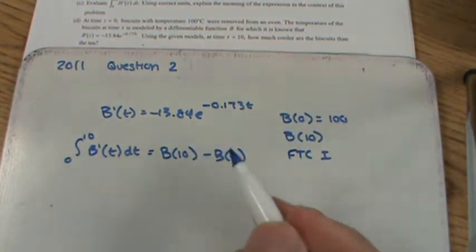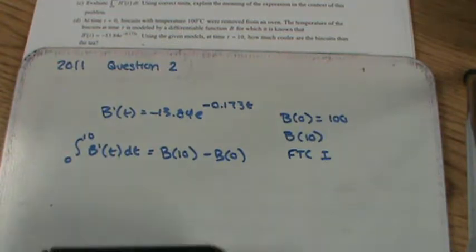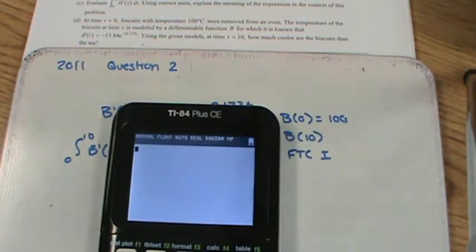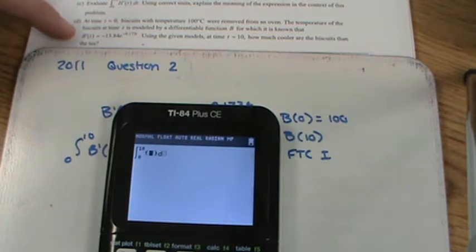So we can do this right in the calculator again. So let's take out that calculator. And I'm going to do integral, math 9, 0 to 10 of negative 13.84 e to the negative 0.173 x dx.